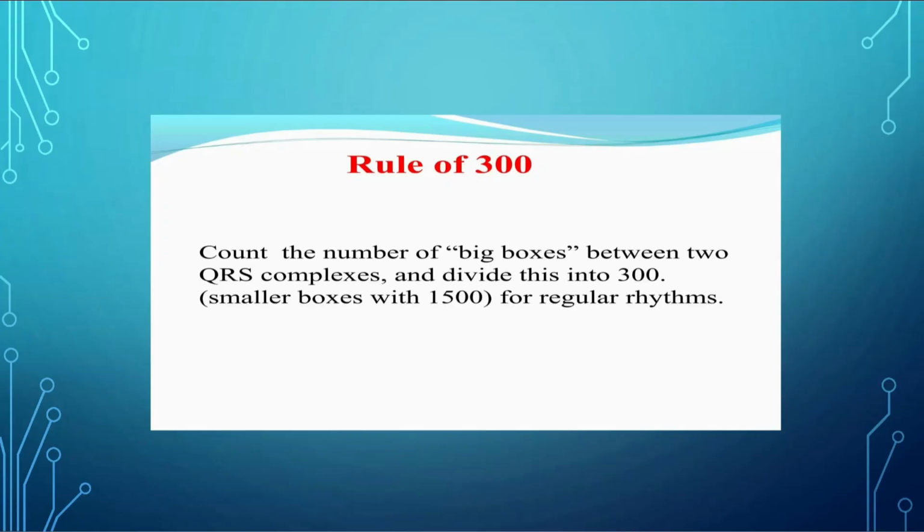So remember this, count the number of big boxes between two QRS complexes and divide the number into 300. If you take smaller boxes, then use 1500 for regular rhythm.